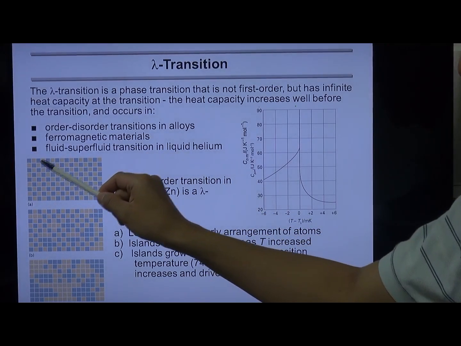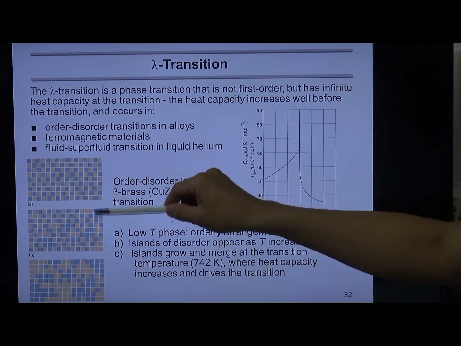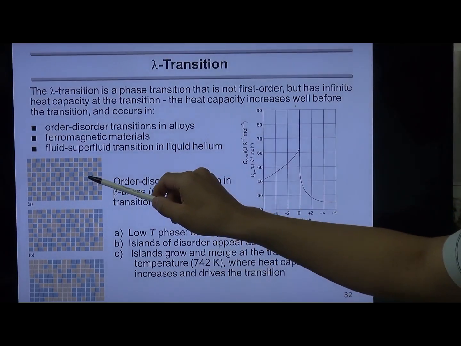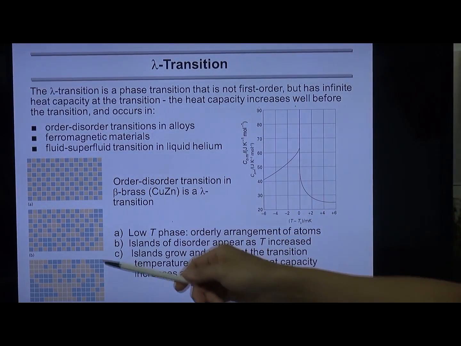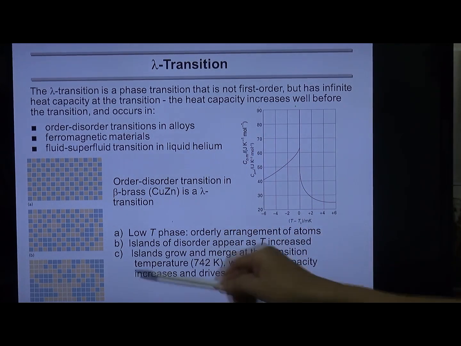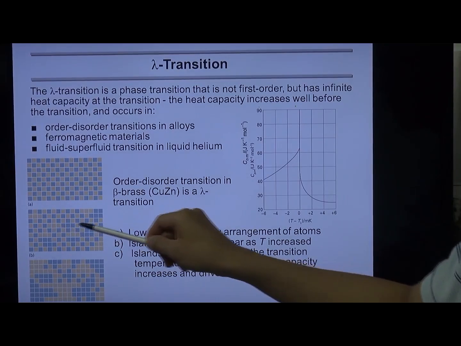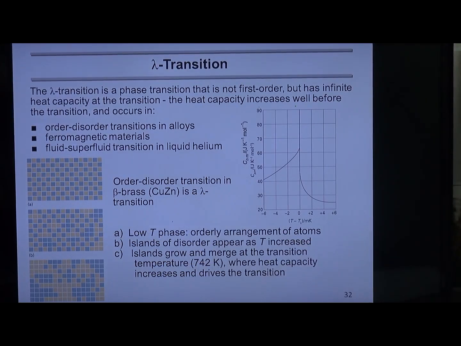So copper, zinc, something like that. Very ordered arrangement. Okay. As temperature increases, each of its atoms moves. Okay. And islands of disorder appear. Right. Copper atoms combine together, zinc atoms combine together, etc.